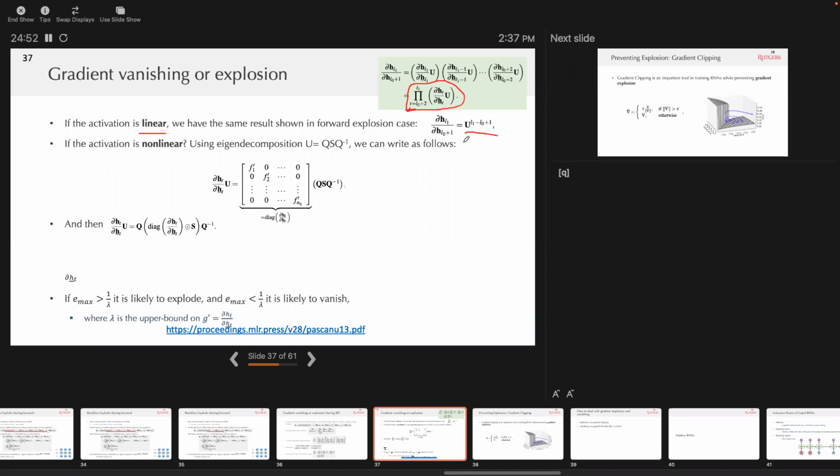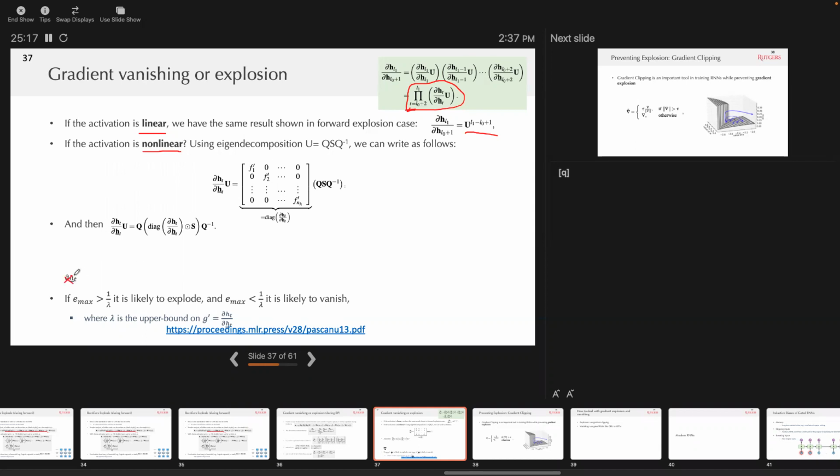But if U is too small, then you're going to get gradient vanishing. So this is the linear case, and the nonlinear case is going to be slightly more complicated. We're not going to discuss this in detail, but we're just going to briefly go through the process and give you the conclusion.